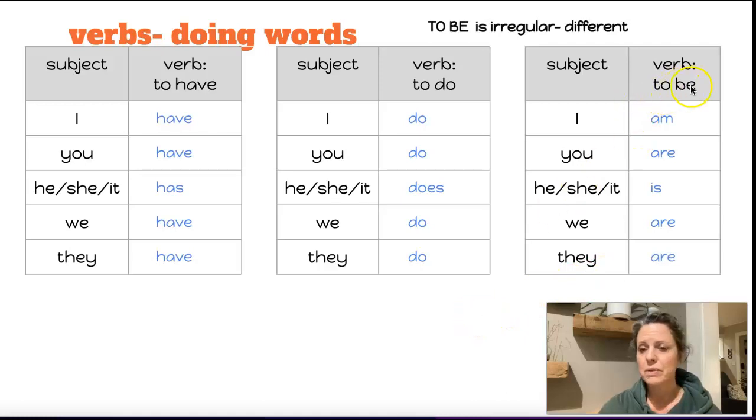The be verb is considered to be an irregular verb, meaning it is different. It does not follow the pattern. Although you can see that the he, she, it does end in an S, but these are different.